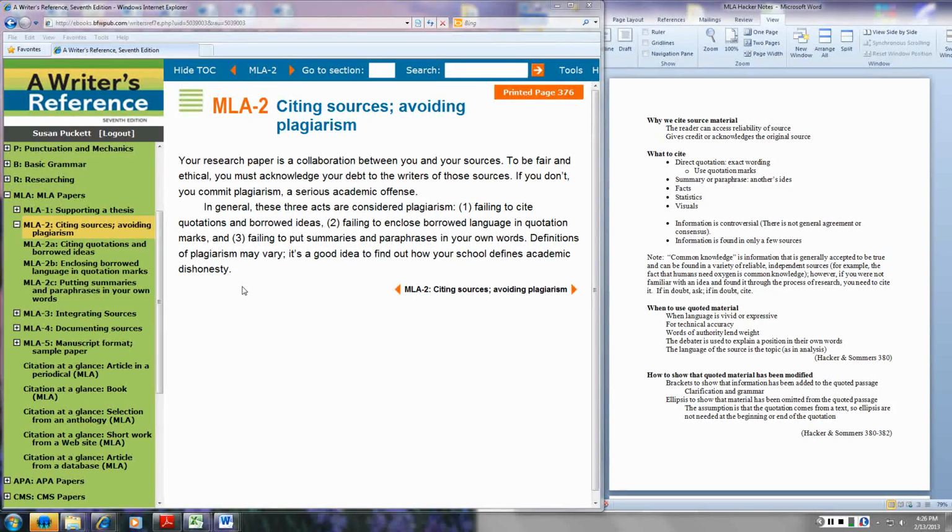We are to cite facts if they come from a specific source, statistics, visuals, whether that is a picture, an image, a chart, a graphic of any sort. We are to cite information that is controversial, that is, there is not general agreement or consensus, and any information that can be found only in a few sources.